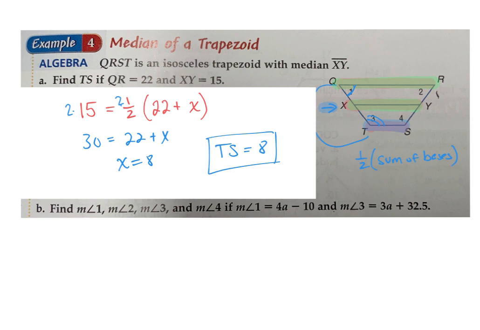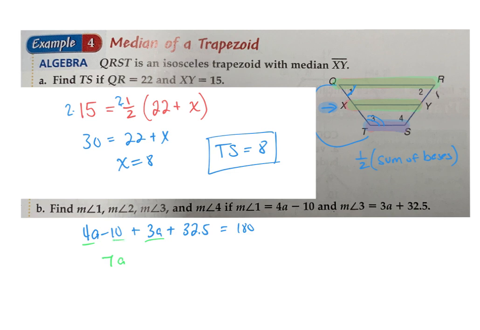So what do we know about the consecutive angles? Consecutive interior angles. What do they add up to? Yeah, so I can say my consecutive interior angles add up to 180, right? And then we're just going to use algebra to solve 4a and 3a.